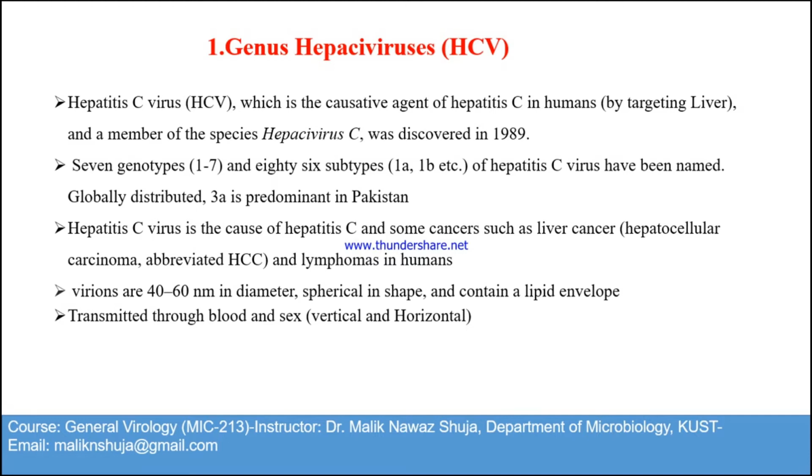For example, genotype 1 has 3 or 4 subtypes, presented as 1a, 1b, 1c, and so on. 1a and 1b are globally prevalent, while if we are talking about Pakistan, subtype 3a is predominant.